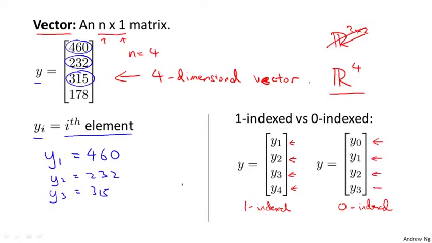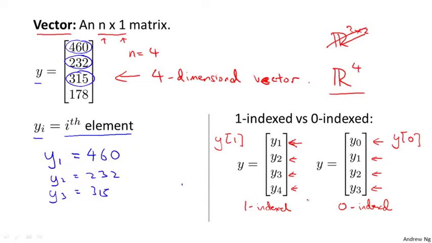So the elements go from y0 up to y3. And this is a little bit like the arrays of some programming languages, where the arrays can either be indexed starting from 1, so the first element of an array is sometimes y1, this is kind of C++ notation, I guess, and sometimes it is 0 index, depending on what programming language you use.